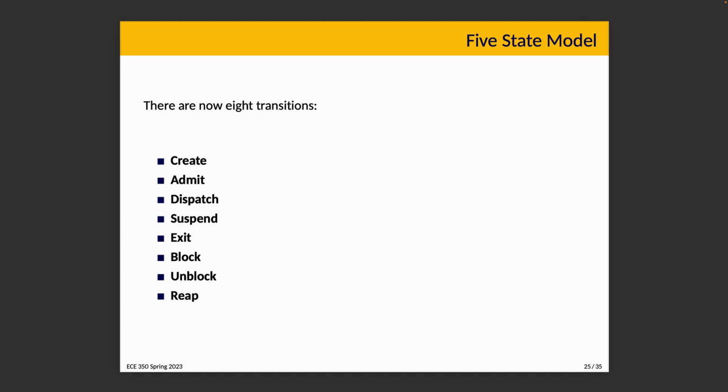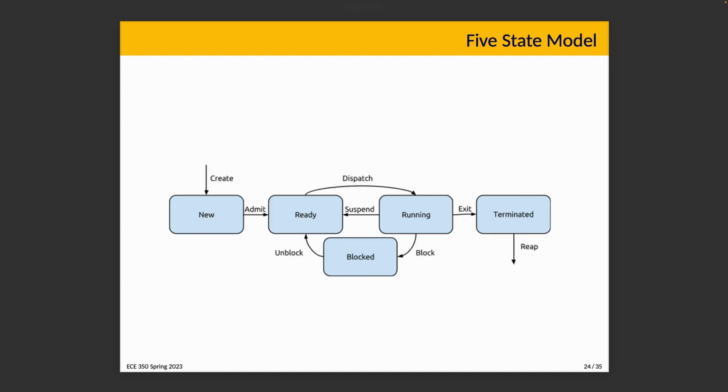And in fact, we said that there are 8 transitions: create, admit, dispatch, suspend, exit, block, unblock, and reap. The names are maybe a little whimsical in some cases, right? But admit is when a process in a new state is added to the list of processes ready to start, so it's put in the ready queue. Dispatch is when a process that is not currently running begins executing. So when the scheduler chooses to run it, then it's dispatched. When it gets blocked for some reason, it goes to the blocked state.